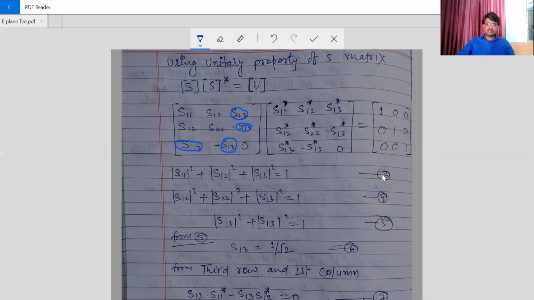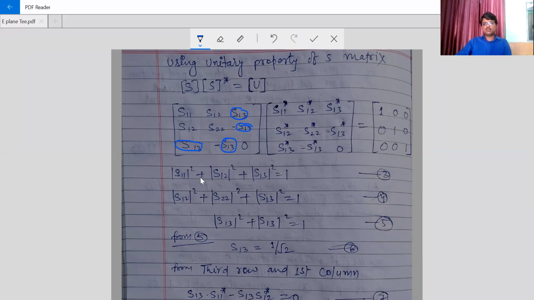By using equations 3 and 4, we can calculate this. If we see equation 3, this is S13, so it is a known quantity. This is 1 by root 2, and this is S11 whole square plus S12 whole square. So these are two different quantities.